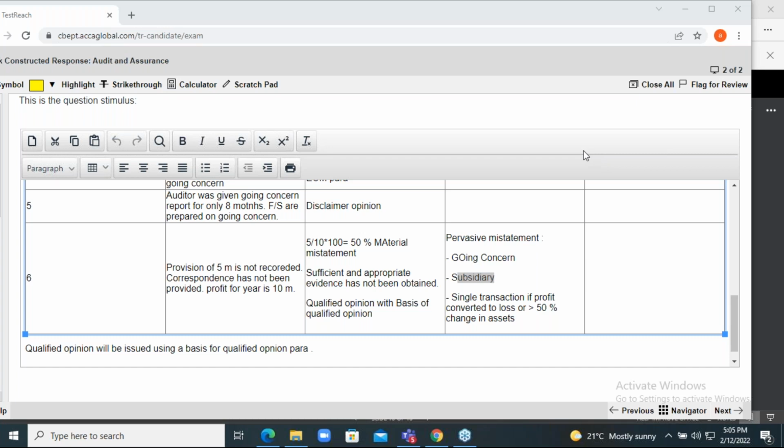Okay. So any other question related to the audit report, or should we proceed to the next topic?